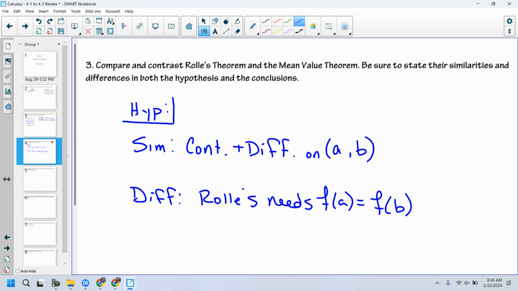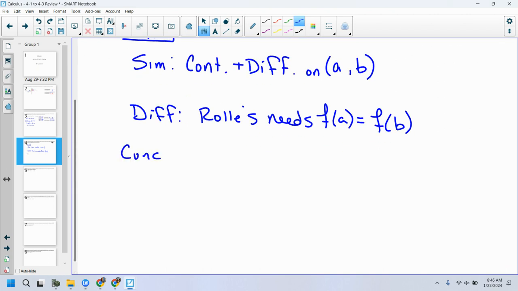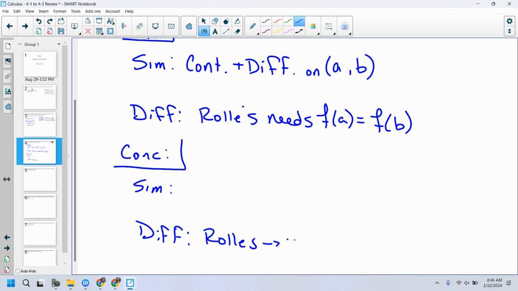Okay, so for the conclusion, it might be easier to talk about the difference first. The difference is that in Rolle's theorem, there exists a point c such that f prime of c is equal to 0.